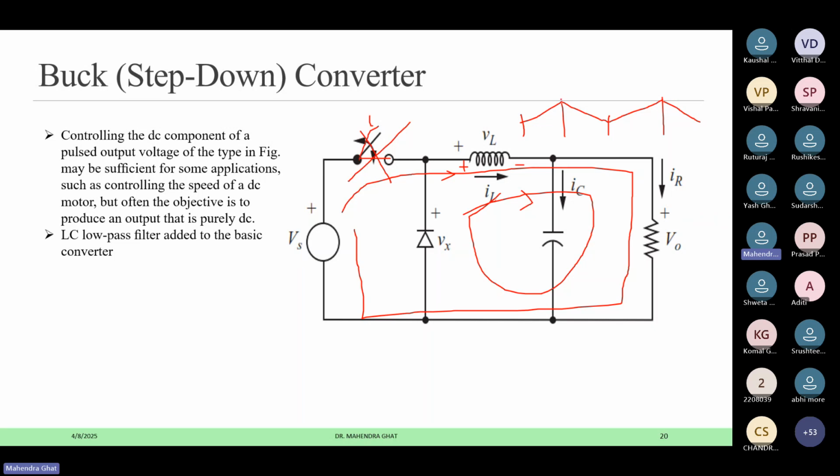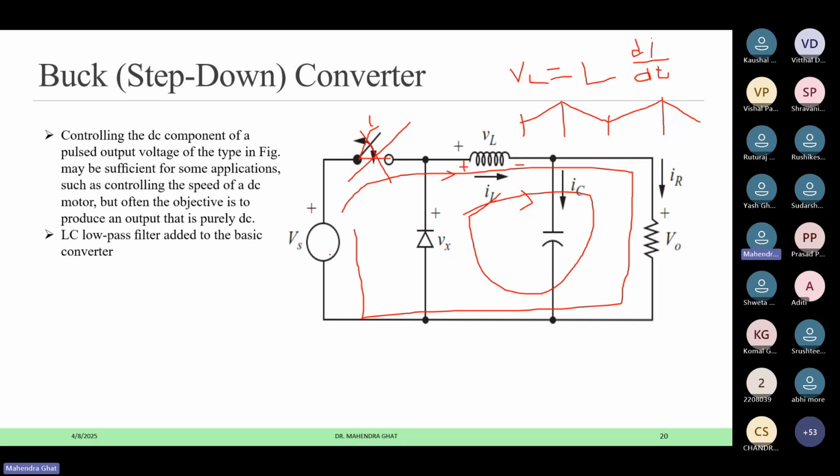You are trying to reduce the current now. So even though current is positive, whatever the di by dt is, because VL is equal to L into di by dt, right? So this is our basic equation for the voltage across this.